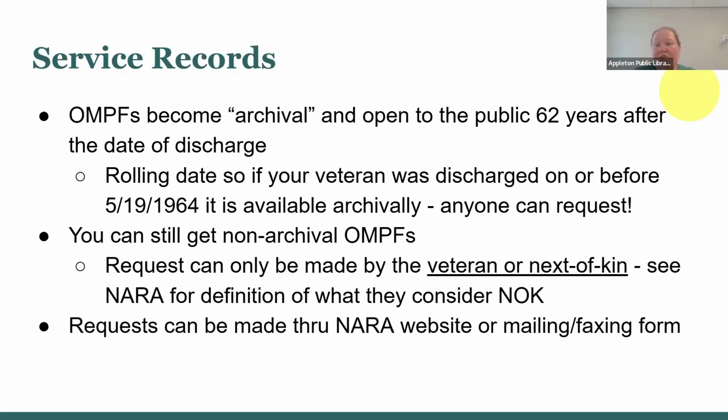So if your veteran was discharged on or before today's date, May 19th in 1964, that means you can go to the National Personnel Records Center and request a copy of it. If it's May 26th of 1966, that was their date of discharge, you'd have to wait a little bit of time, or you have to be the veteran or their next of kin in order to request those non-archival ones.